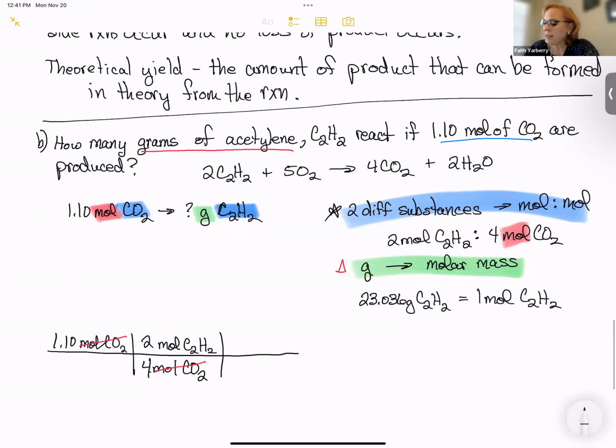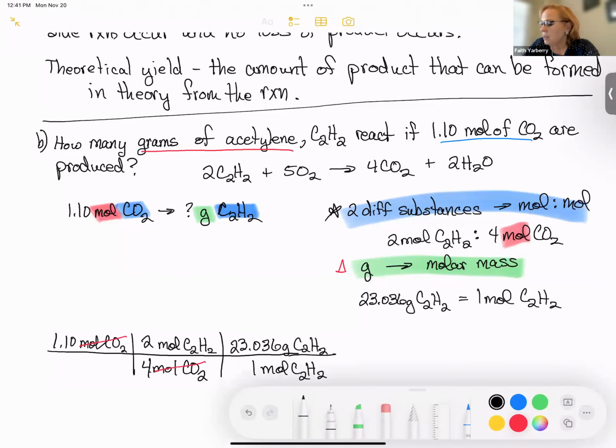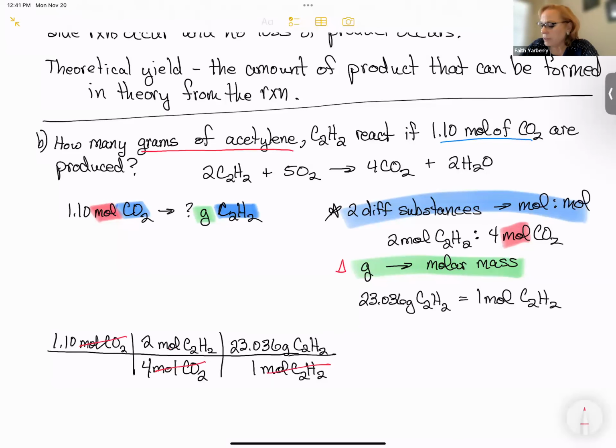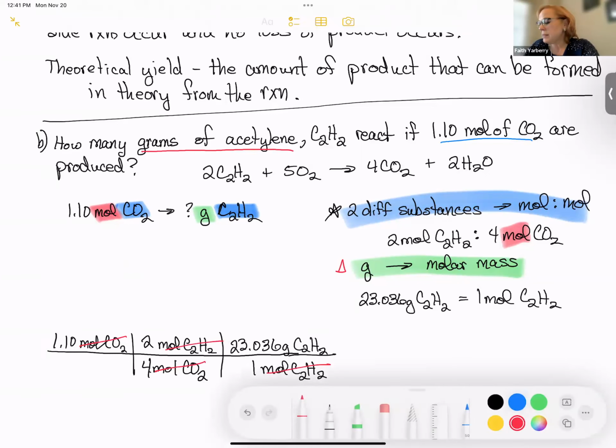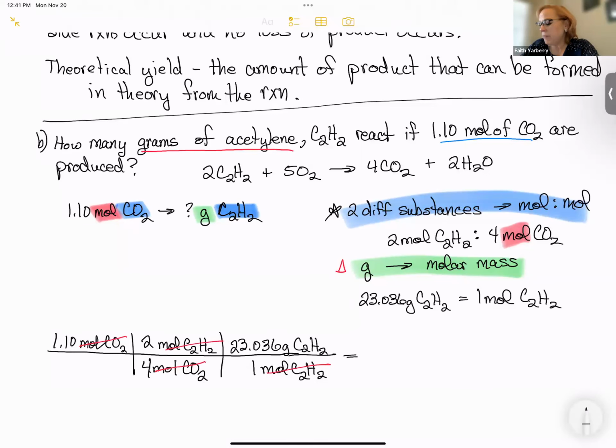The gram portion will go in the numerator, with the mole portion in the denominator. The mole portion had to go in the denominator so that the unit and the substance would cancel, leaving us grams of acetylene. Because that's what we were asked to solve for, we're ready to complete this calculation.